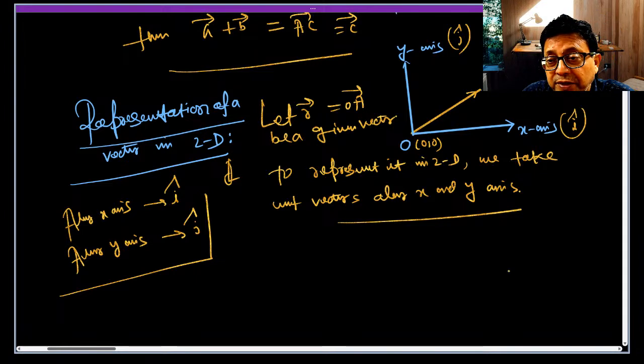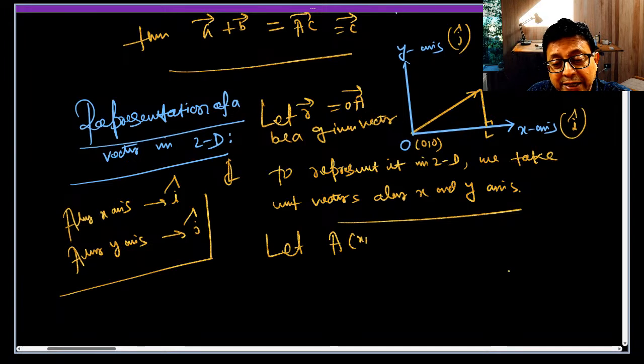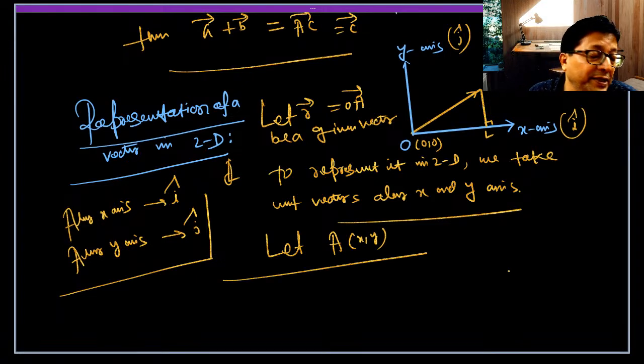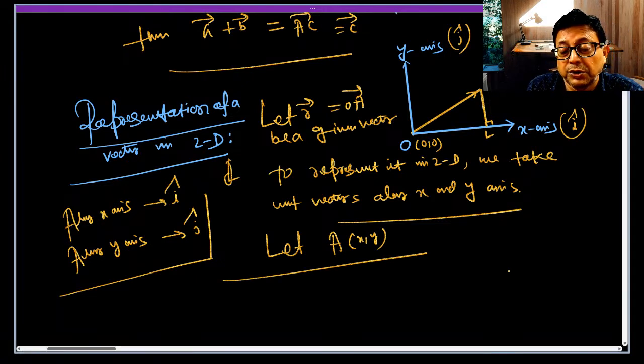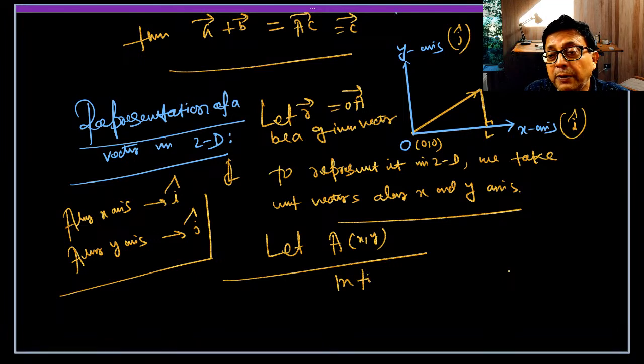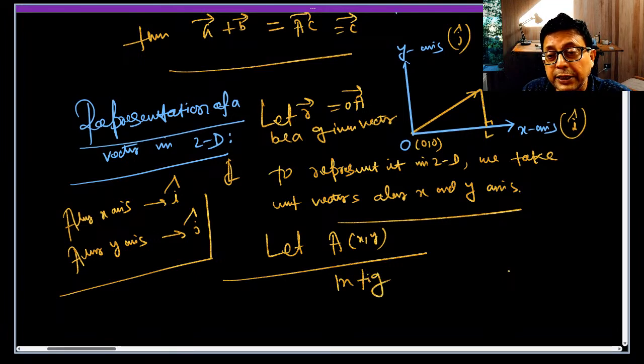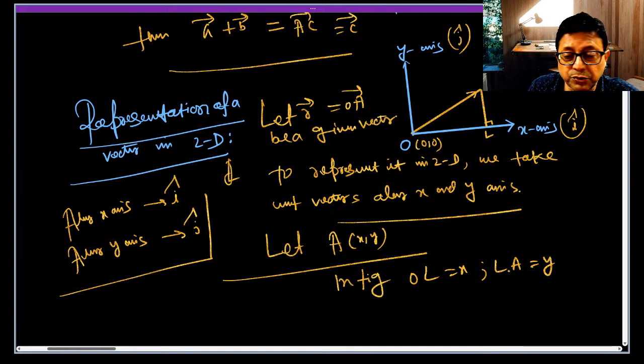Draw a perpendicular from here. AL is a perpendicular. Let coordinate of A, general coordinate x, y. So if you draw perpendicular, this is perpendicular. In figure, OL equal to x and LA equal to y.